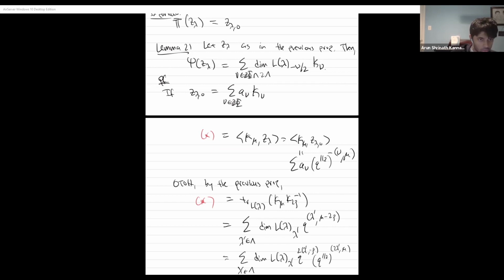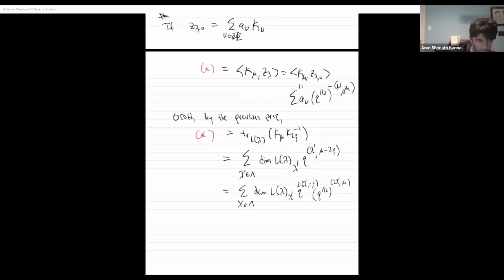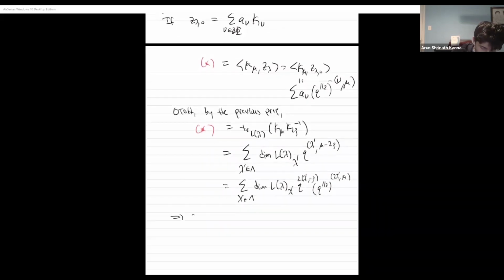Okay, so we get the following formula for the a nus. Just by comparing this and this, a nu is equal to dim L of lambda minus nu over 2 q to the nu comma rho.